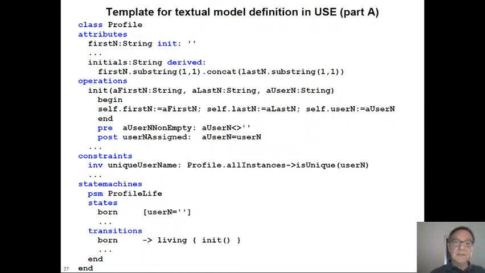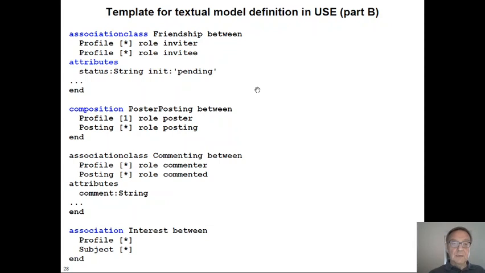So this is the general template for classes. For the relationships between the objects, you can have an association class, which can be extended with attributes. You can have compositions between classes, and you can have associations between classes. In an association, you specify the multiplicities.